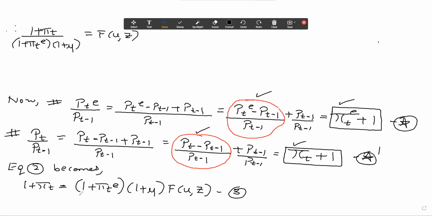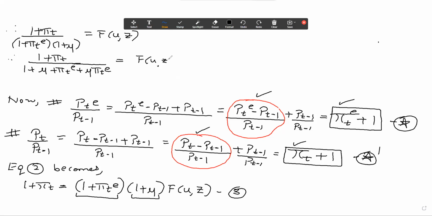What I have done is I have taken this term and this term in the denominator. So therefore 1 plus pi t upon, if I open up the brackets, 1 plus mu plus pi te plus mu pi te is equal to F as a function of u and z. So far, I hope it's clear to all students.